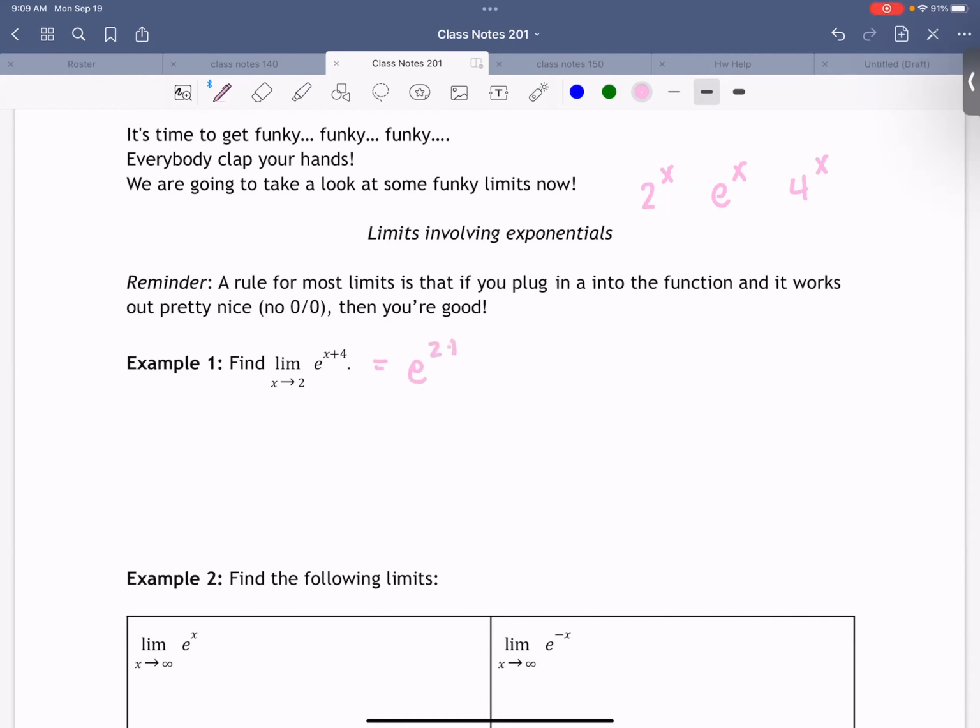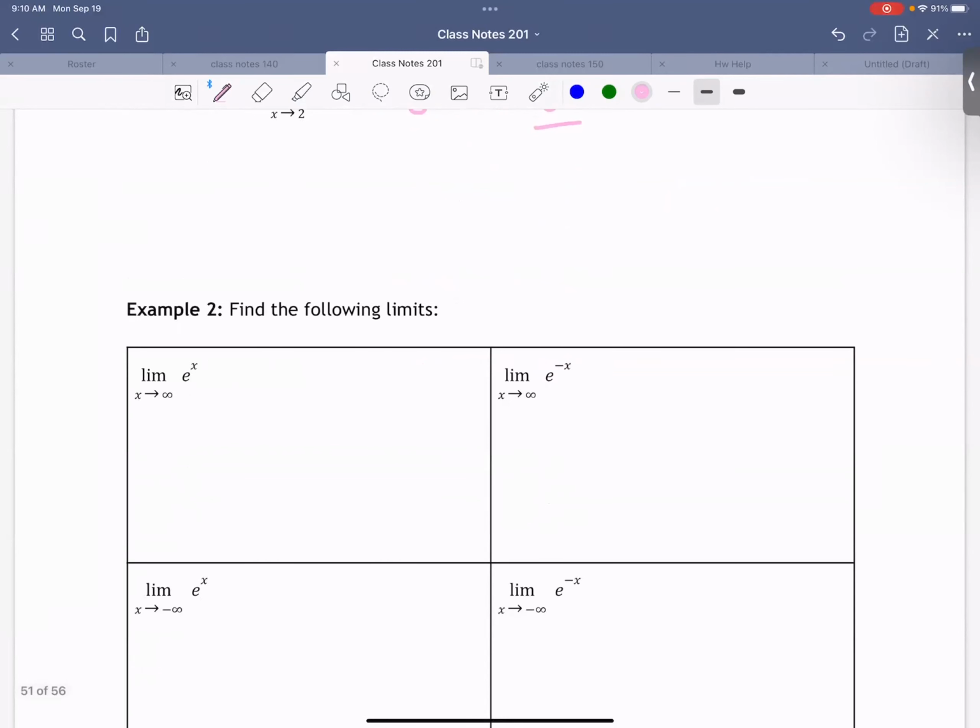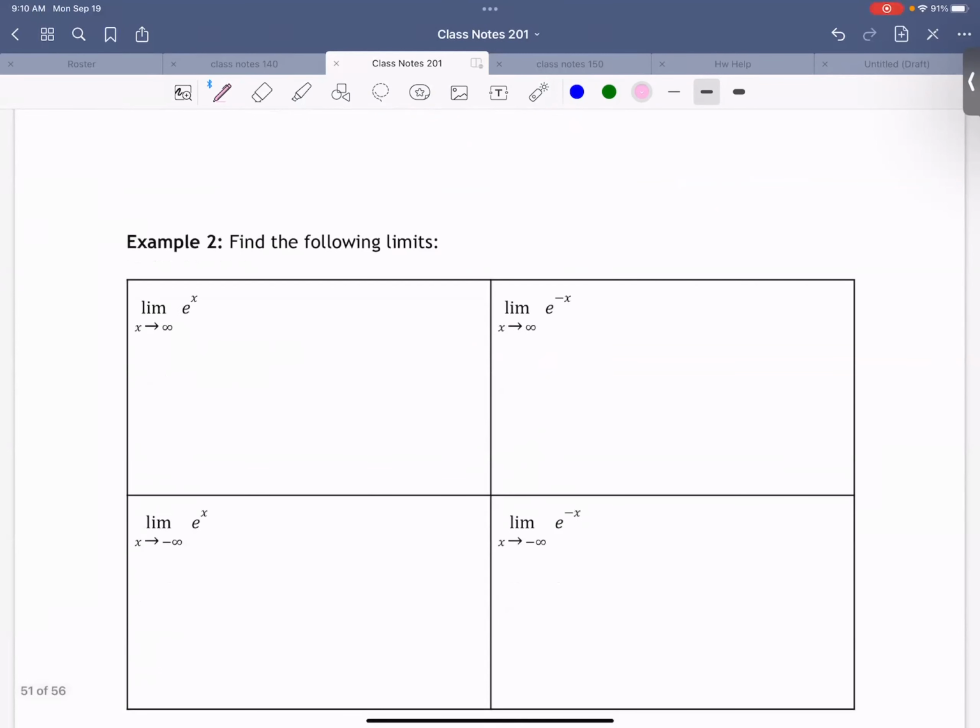E to the 2 plus 4 gives me e to the 6. E to the 6 is a number. It's not like infinity or 0 over 0. We're okay. That's the answer. So a lot of times we can just plug in. Sometimes we can't plug in though, especially when we have infinity as what we're approaching.